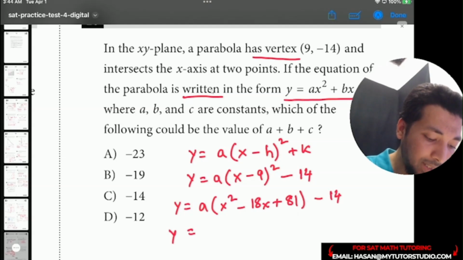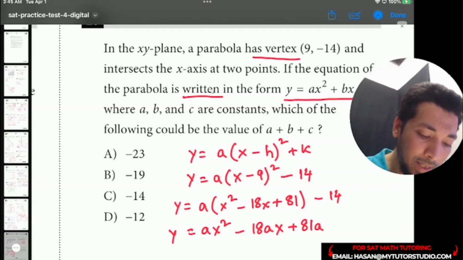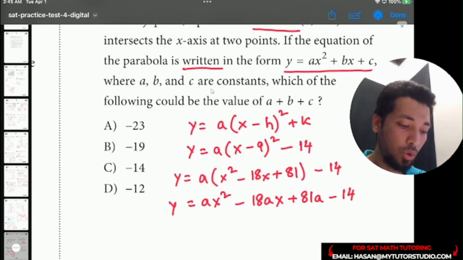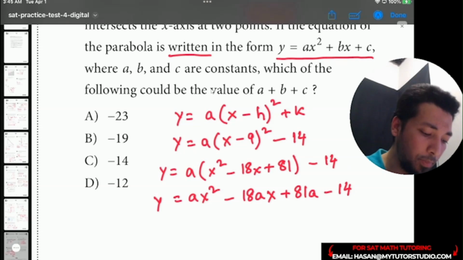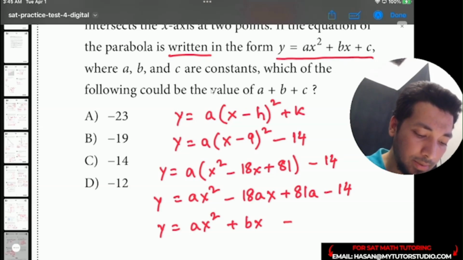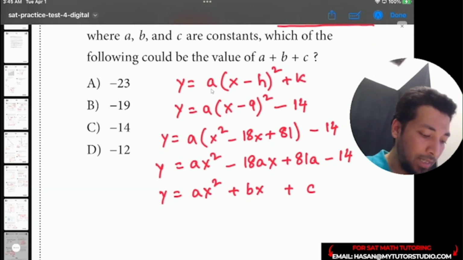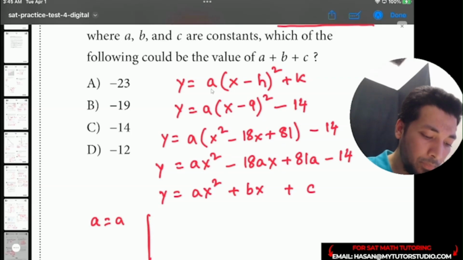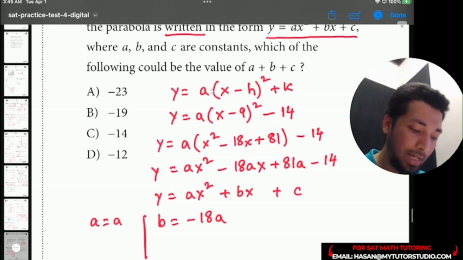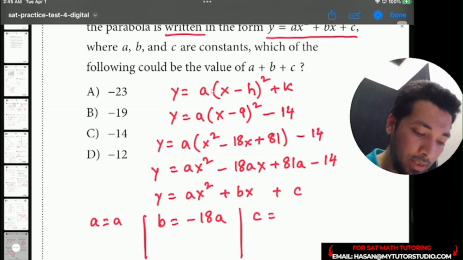So I have y is equal to ax square minus 18ax plus 81a minus 14. So if I compare this with y is equal to ax square plus bx plus c, I see that a is equal to a, b is equal to negative 18a, and c is equal to 81a minus 14.